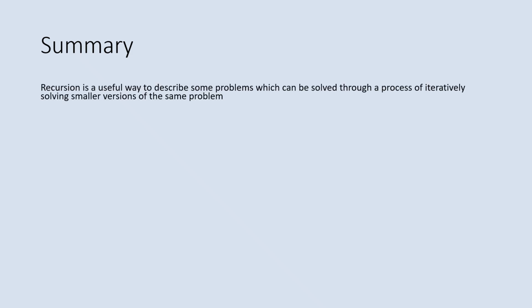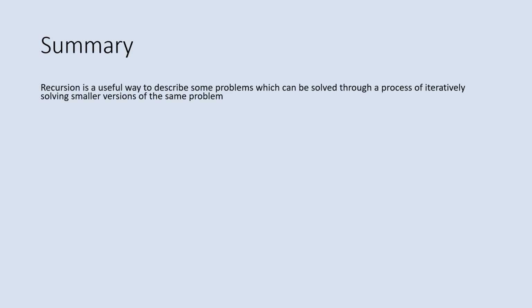All right, so as a summary, what have we seen? There are some problems where recursion can be helpful in terms of describing a solution to a process that involves iteratively solving smaller versions of the same problem, or always looking back at the same portion to continue moving forward.